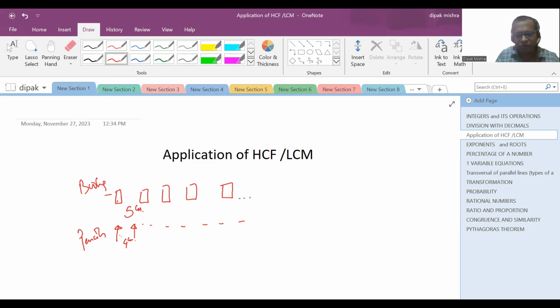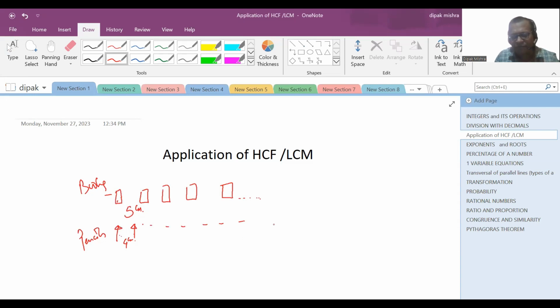Now my question to you is, after how many centimeters will a book and a pencil coincide with each other once again, if books are placed at 5 centimeters and pencils are placed at 4 centimeter intervals? So the number should be that number which falls in the table of 5 as well as 4, and which is the lowest such number.